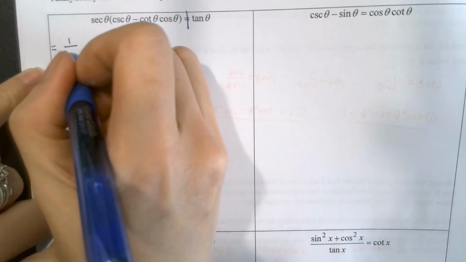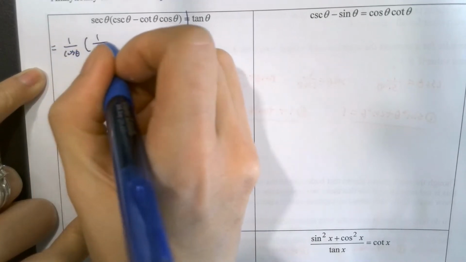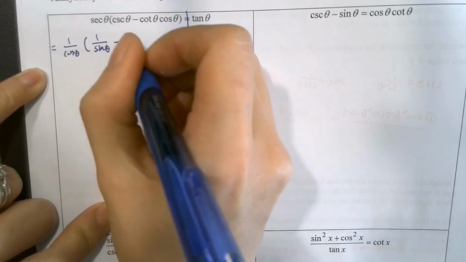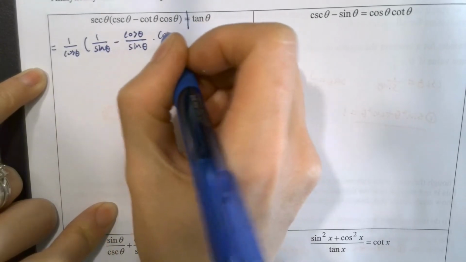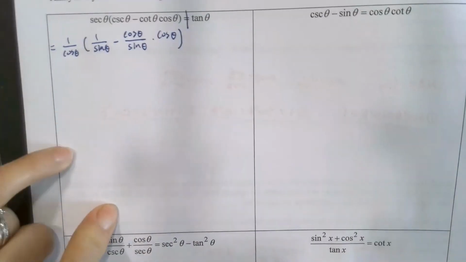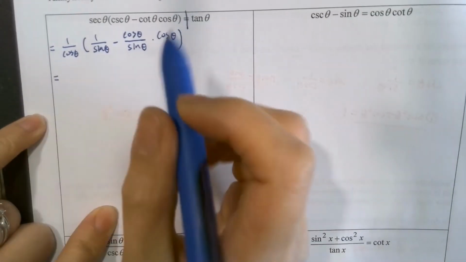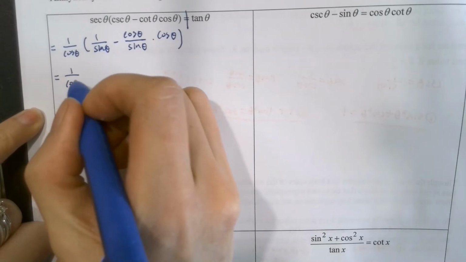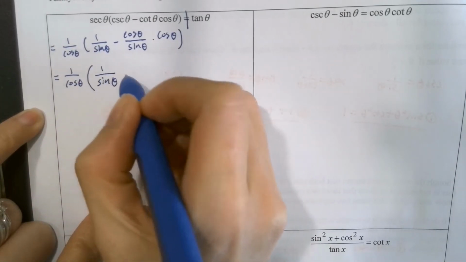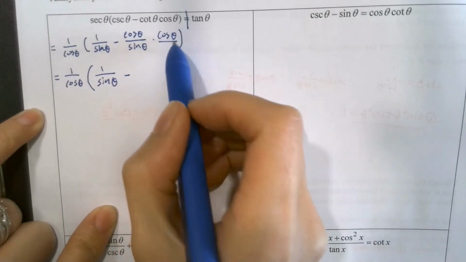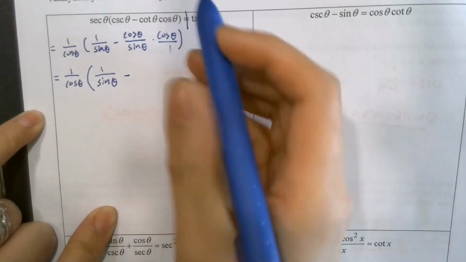Secant is 1 over cosine theta, times cosecant is 1 over sine theta, minus cotangent is cosine theta over sine theta times cosine theta. Equal to, let's see, let's clean up a little bit. Inside of the parentheses, 1 over sine theta minus that, same as cosine theta over 1, so I can multiply numerators together.